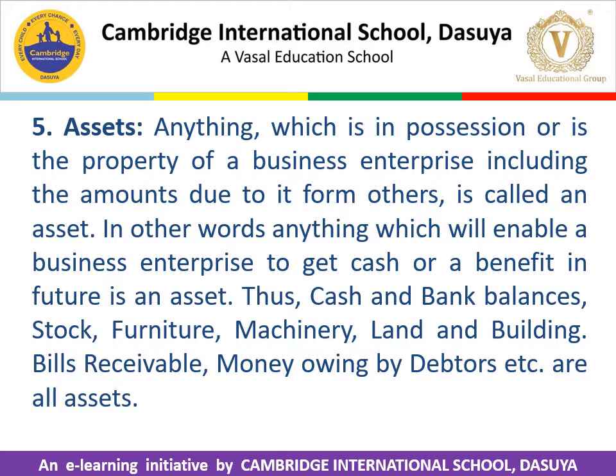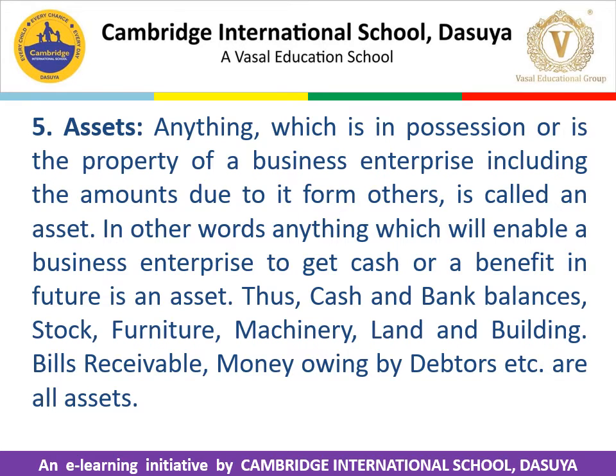The next accounting term is assets. Anything which is in the possession of the business or is the property of a business enterprise, including the amounts due to it from others, is called an asset.